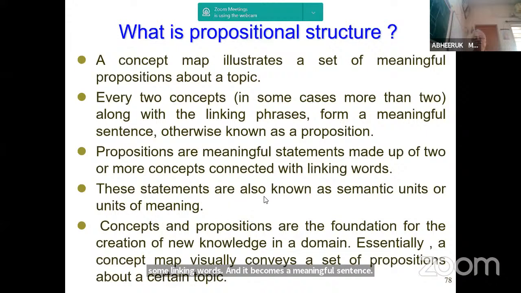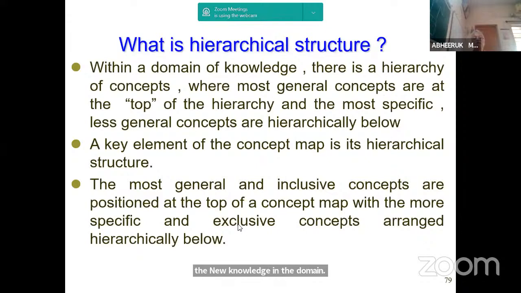These statements are also known as semantic units, meaning meaningful units. Concepts and propositions are the foundation of new knowledge in the domain. These are the basic things. Within the domain, there is hierarchy. The most general concept is on the top, and the most specific concept is at the bottom.